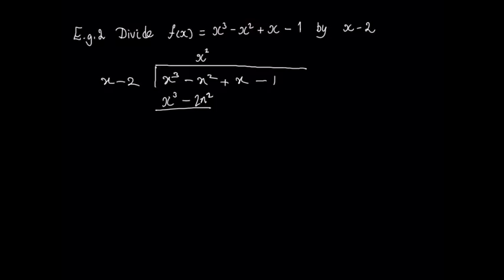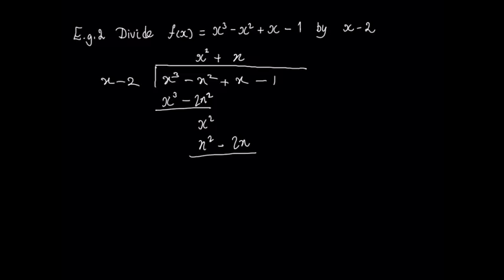Minus x squared minus minus 2x squared is going to give us plus x squared. Then we have x into x squared will give us plus x. Multiply out again, we'll get x squared minus 2x.